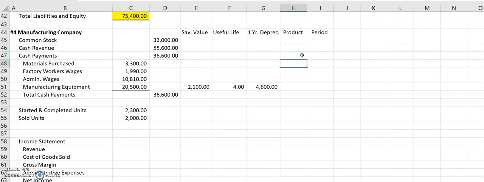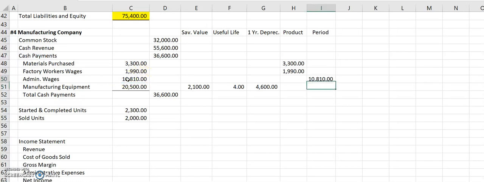So our materials purchased, that's going to be a product cost. Our factory workers, direct labor, that's also a product cost. Our administrative wages, that's a period cost. Our selling and administrative expenses. And our manufacturing equipment, that's going to be our overhead for our product costs.